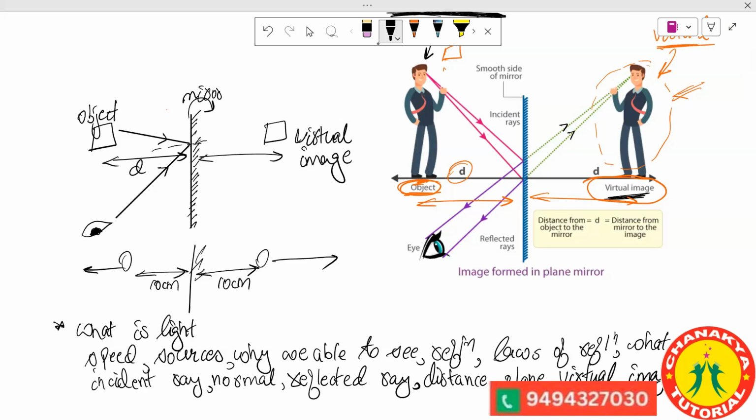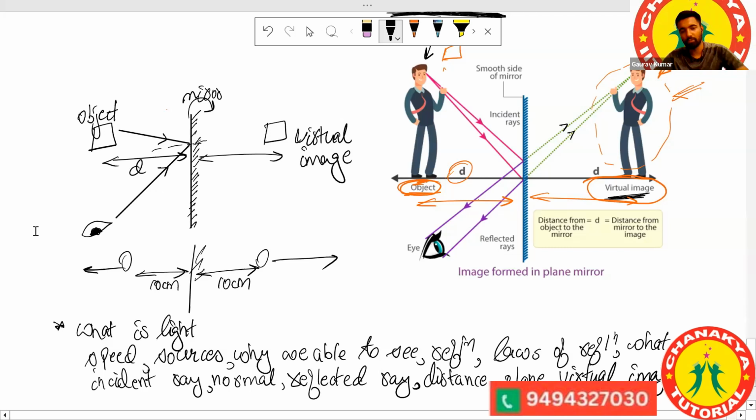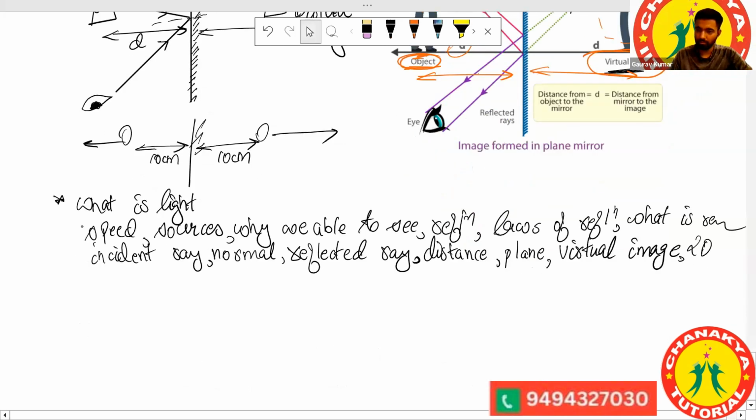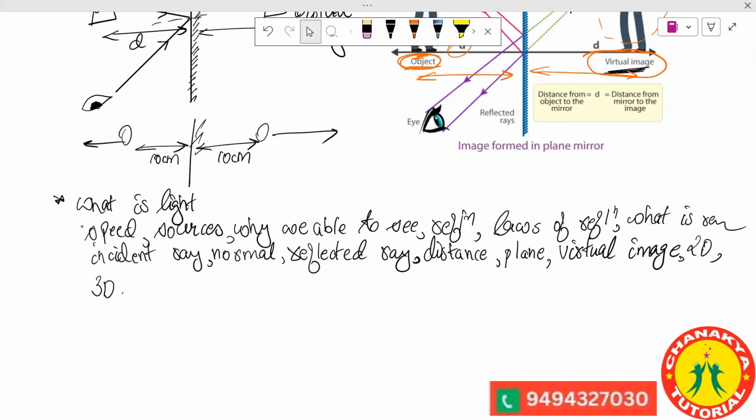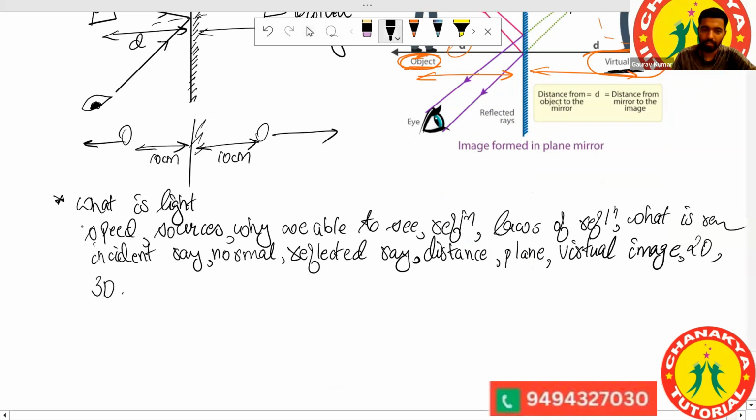Tell me, what kind of plane of our surroundings are we living in? Is it 2D or 3D? It is 3D. Why? Because we are able to see height, length, and breadth.